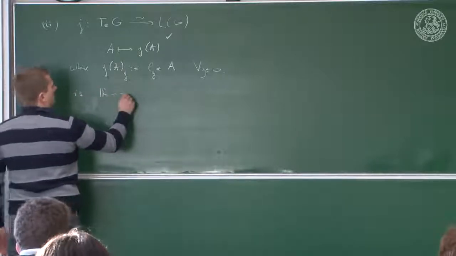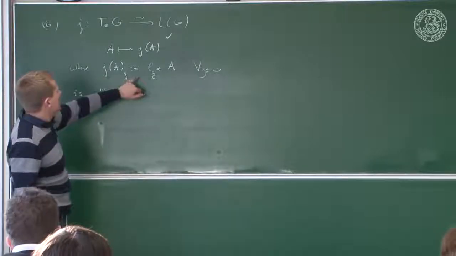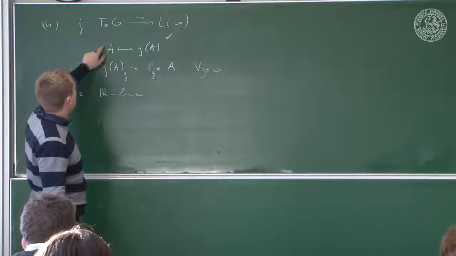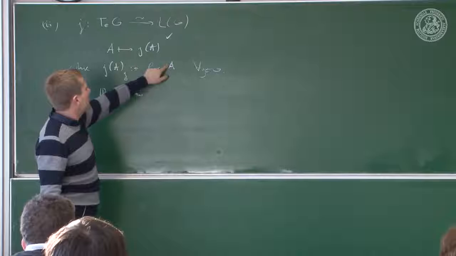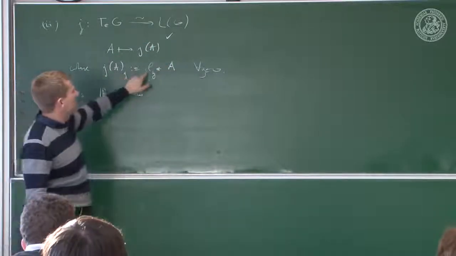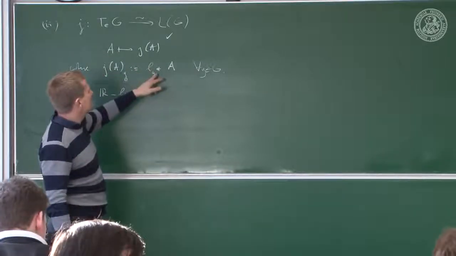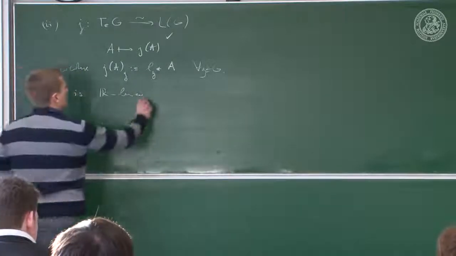Is it R linear? Well, that is obvious because L_G star is R linear. So if I multiply this by some number, then the number will jump right in front. And because this is linear, it's also additive, of course. So A plus B leads to L_G star A plus L_G star B. So certainly it's R linear.